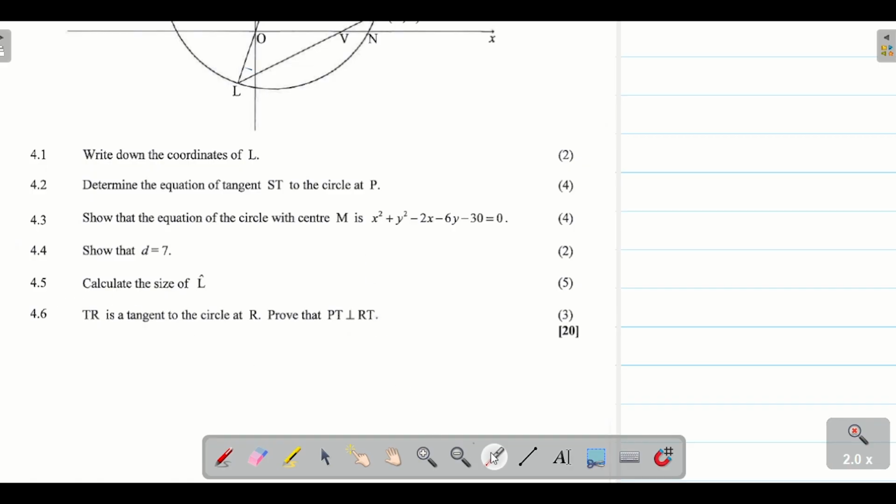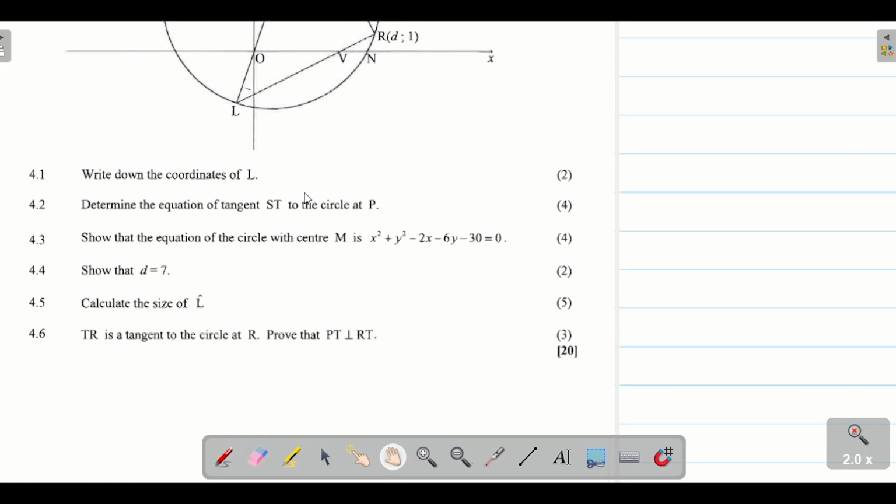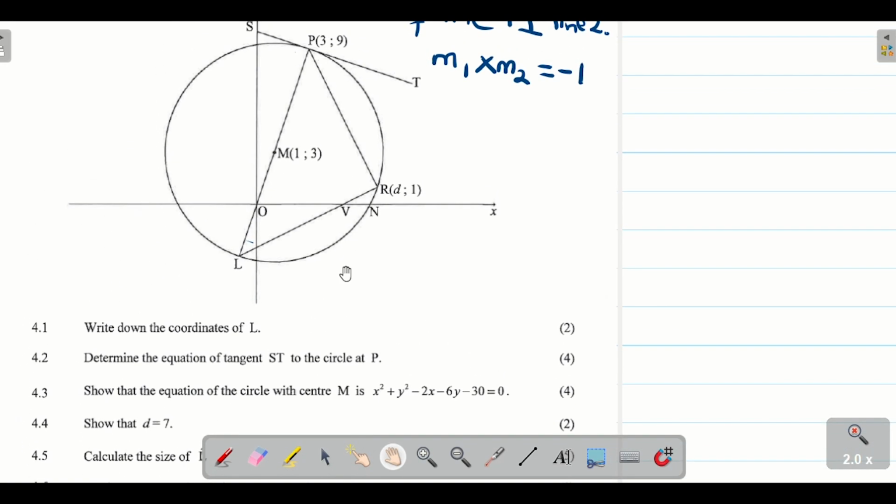4.5 says to us, calculate the size of angle L. So let's look at this angle L. Angle L is this angle.